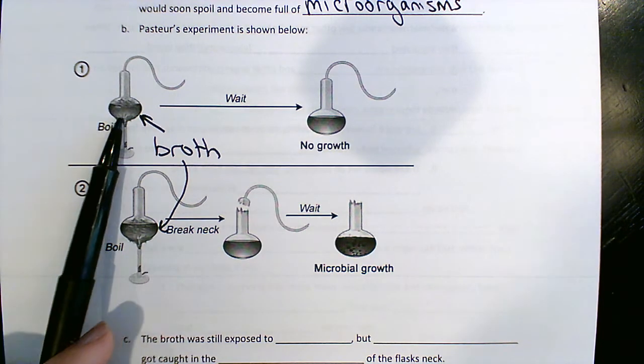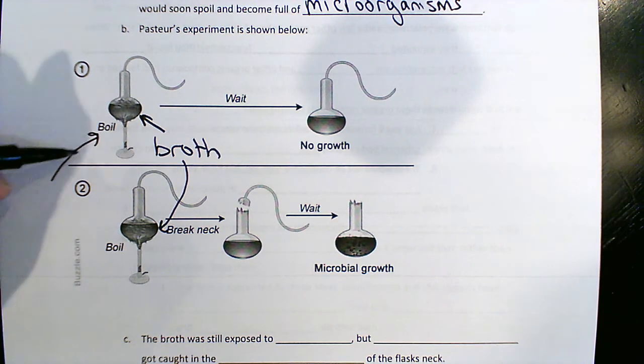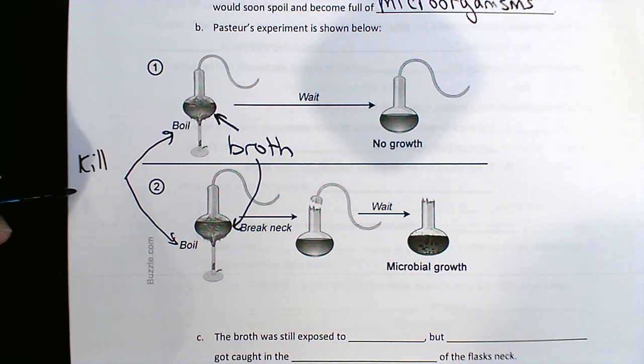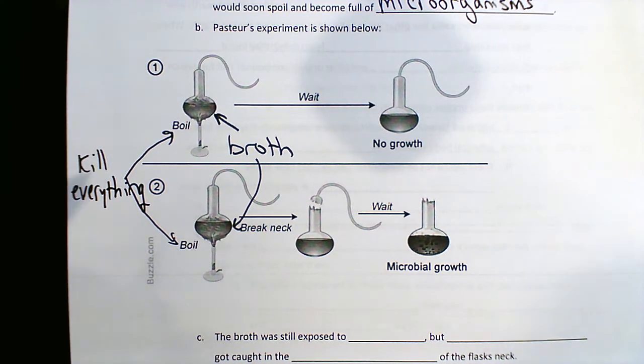So he boiled it. Why do you think he boiled it first, I guess? Okay, so why boil? All right, so this is going to kill everything. So we know that we're starting with a broth that has nothing alive in it to start.